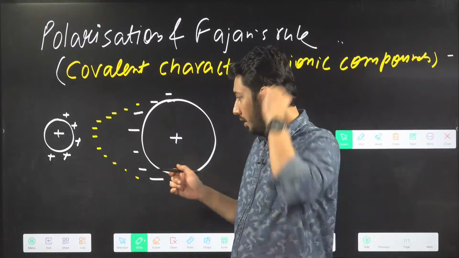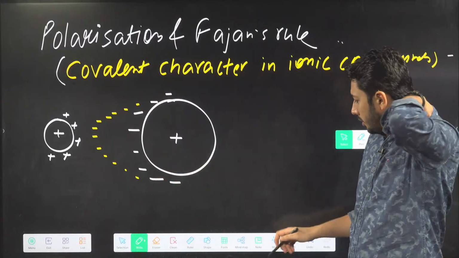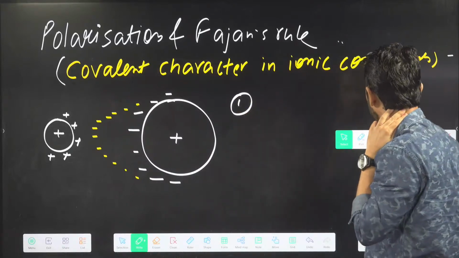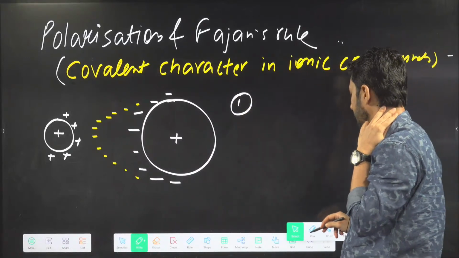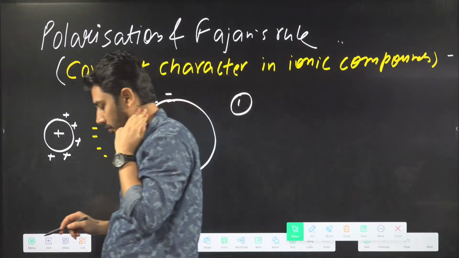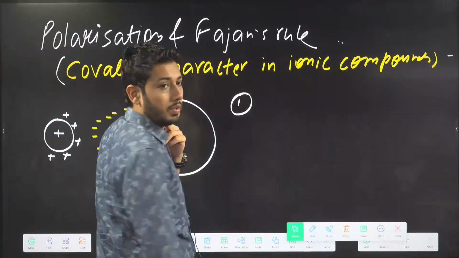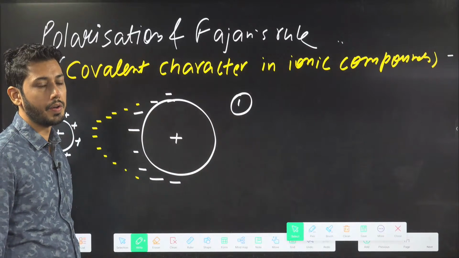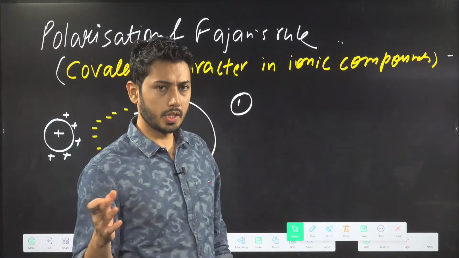Okay. Now you can write down this part. Write down the first point. I will say the points, and after this point by point, we will see the meaning of polarizing power.